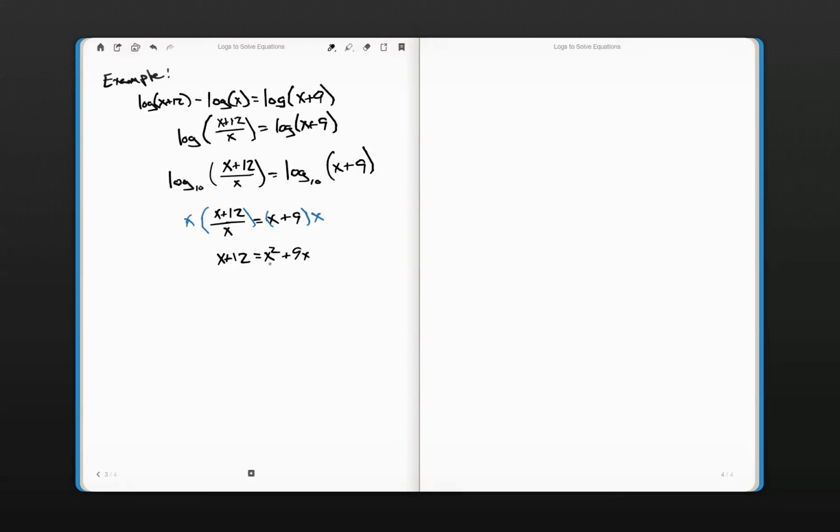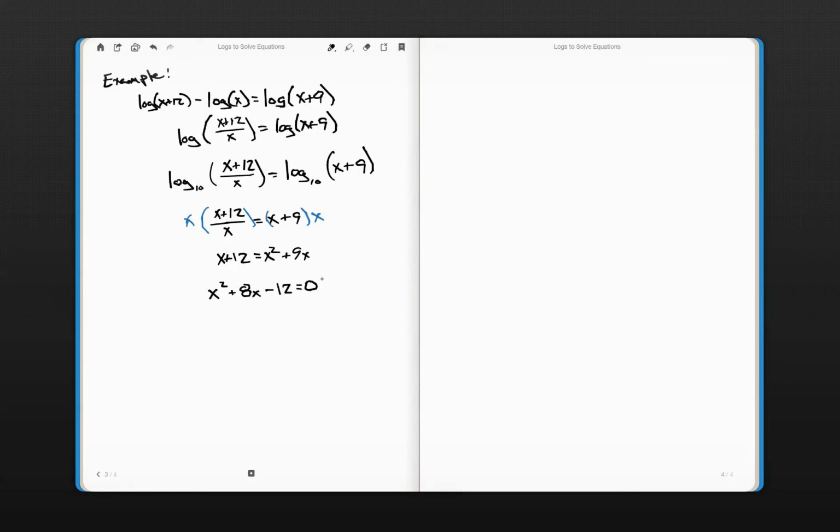I'm going to subtract an x and subtract a 12 from both sides. So x squared plus 8x, subtract an x from here, it gives me plus 8x. The x squared remains, and then minus a 12 equals 0.